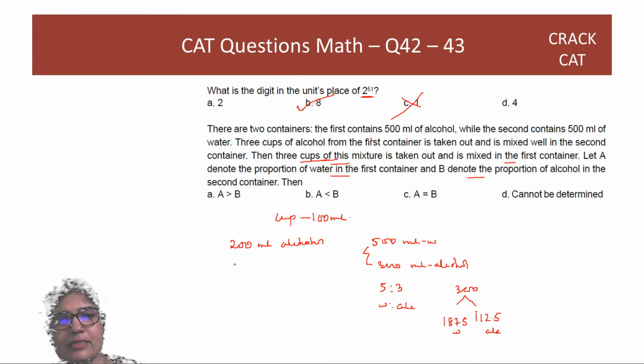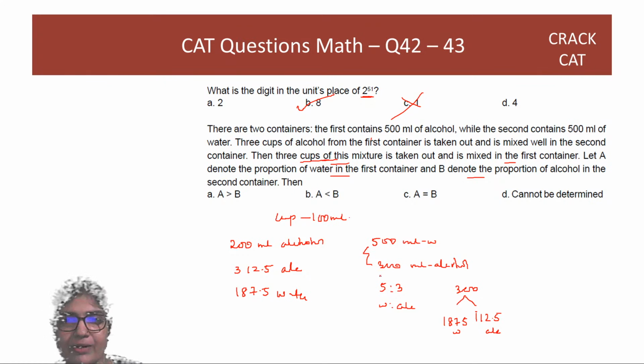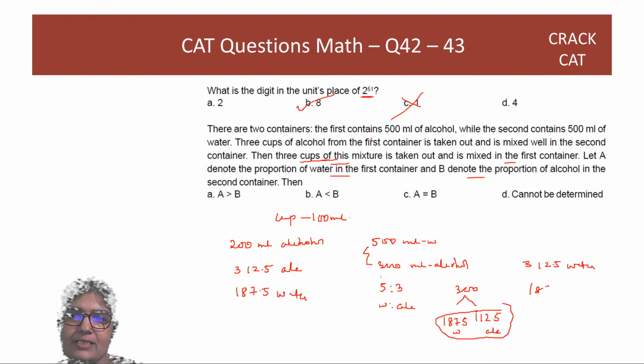So when you add it here, you get 312.5, right, alcohol and 187.5 water. After subtracting, अभी यहाँ पे कितना बचता है? So if you subtract, right, what you have removed, water has now become 312.5 and alcohol is 187.5.